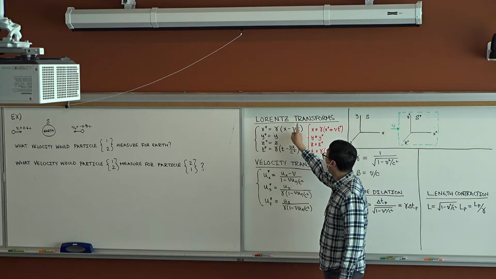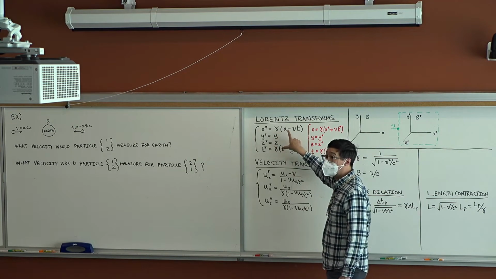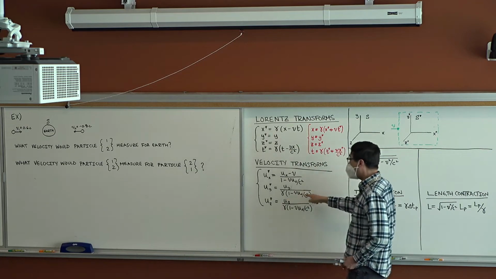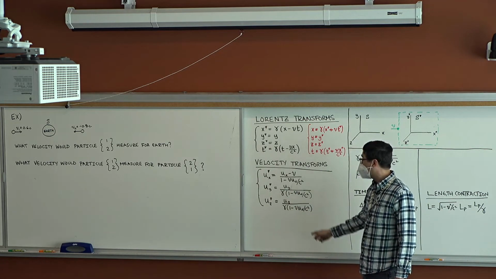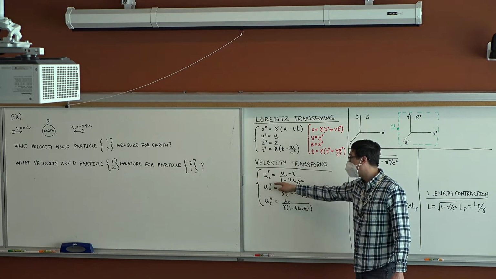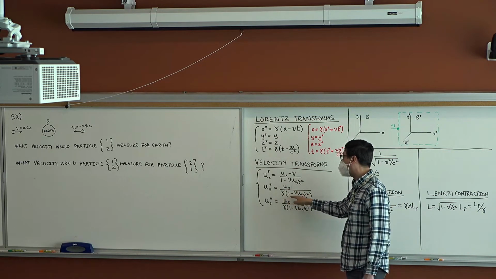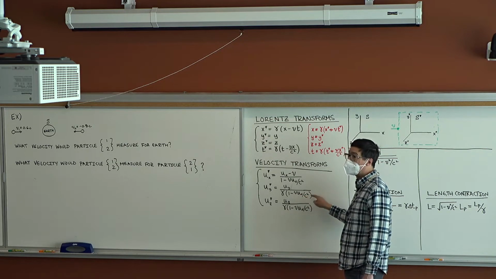Note that in the Lorentz transforms, x and t undergo changes, but y and z don't. I do want to note here that we have to be careful. We can't just say that uy prime is uy here. uy prime is uy over gamma times the quantity 1 minus v ux over c squared.